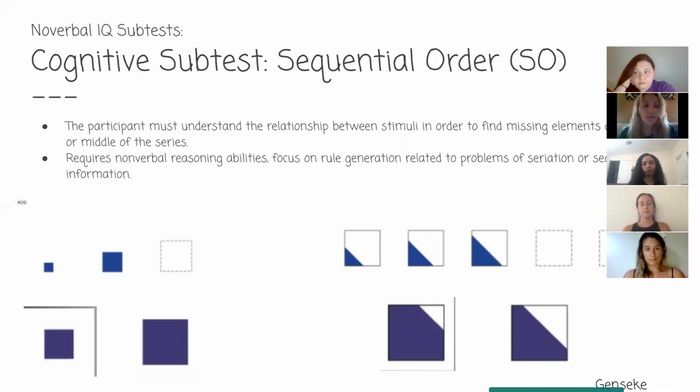If we look on the bottom left, we see a small square, a medium square, and then the missing one, which one would go here out of these two. And on this side, it's a little more abstract where the square is being filled in gradually, and they have to fill in the last 2 pieces, but in the order in which they would be filled.